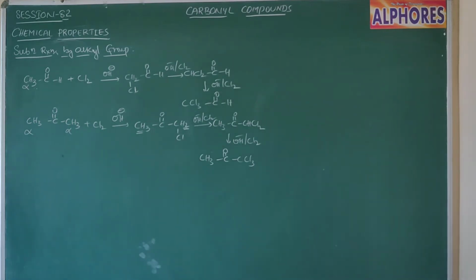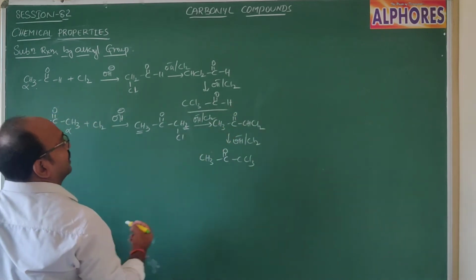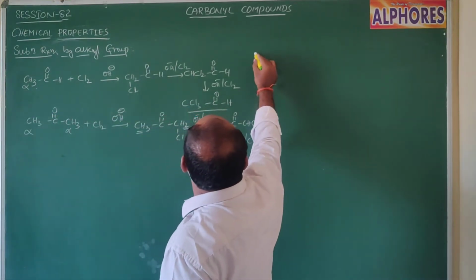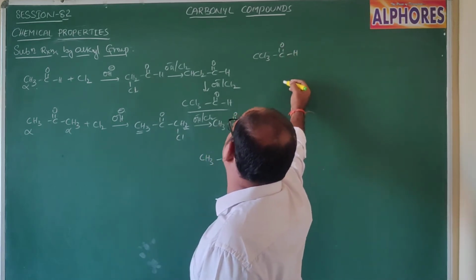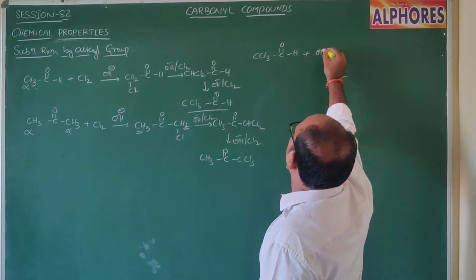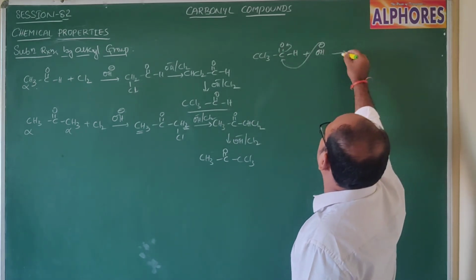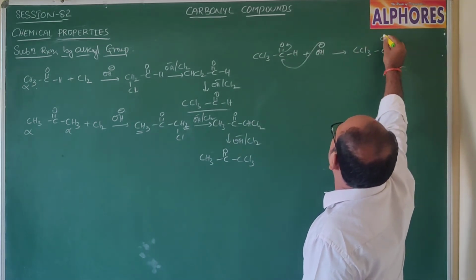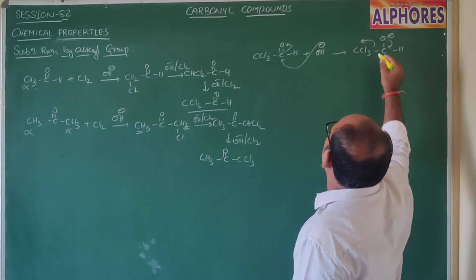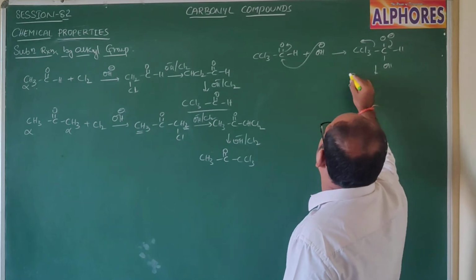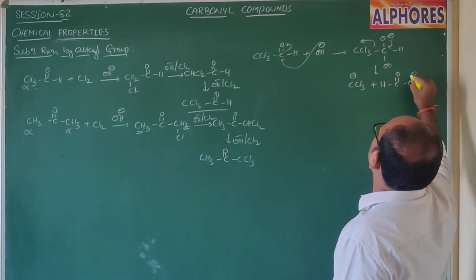Now this is what we call trichloroacetaldehyde, CCl3 C double bond OH, upon reaction with further alkali. Here what happened? The hydroxide attacks the carbonyl carbon, giving CCl3 CO minus and H, and OH. Upon reversal, this CCl3 has to come out as CCl3 minus and HC double bond OH.